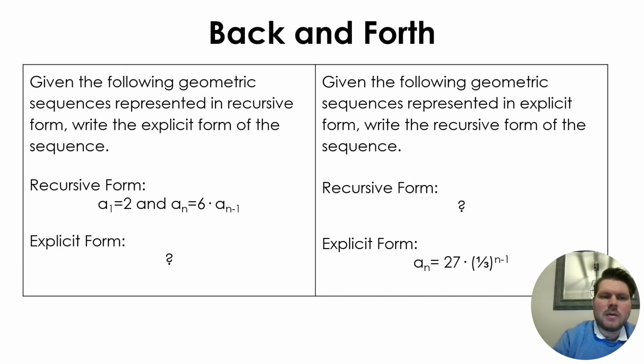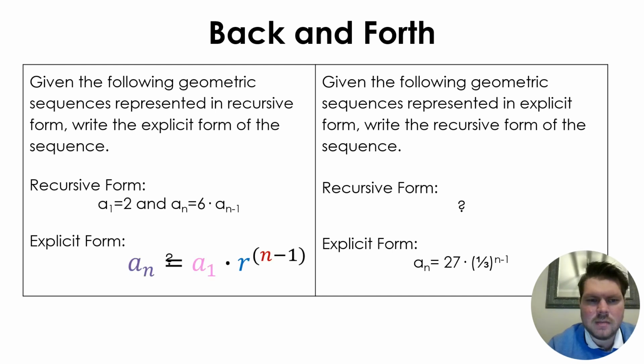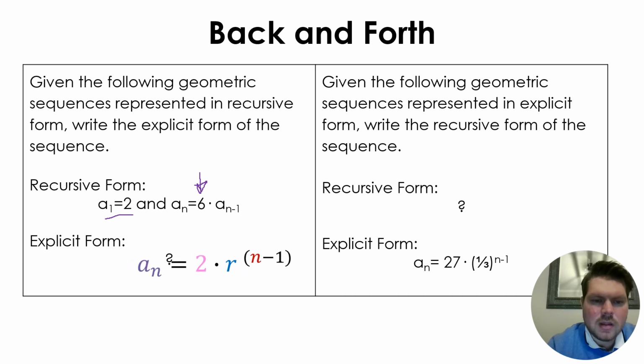Okay, so this one, we're given the recursive formula, and we're going to put in the explicit. So I can figure out my A1, because it literally says it right here. And then I can figure out my R, because that's this. This formula, remember, is R times A n minus 1. So if I'm missing my R, it's going to be 6.